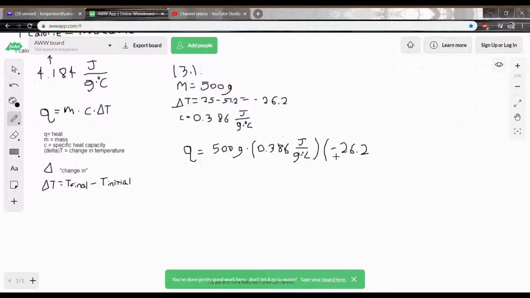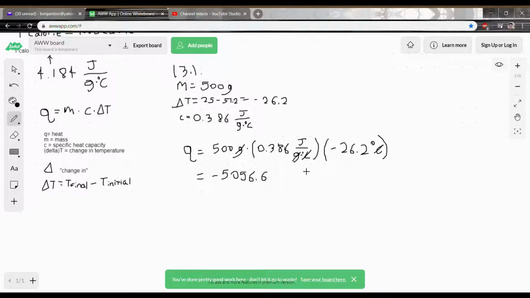Make sure you keep that negative sign because it's going to be important later. The reason we have weird units for specific heat capacity is to allow these to cancel out and give us only a unit in joules. So now that we've canceled the units, let's multiply these values together. 500 times 0.386 times negative 26.2 gives us a heat transfer value of negative 5,056.6.